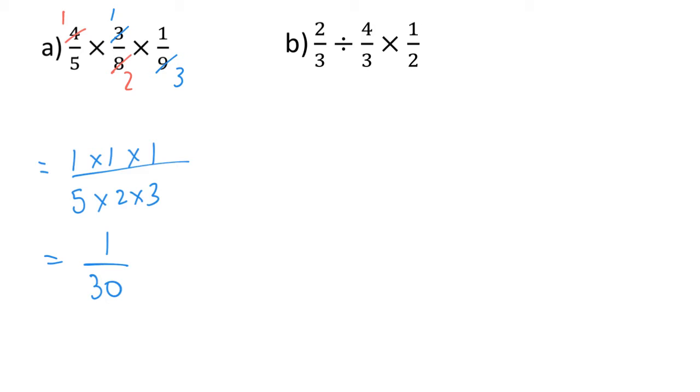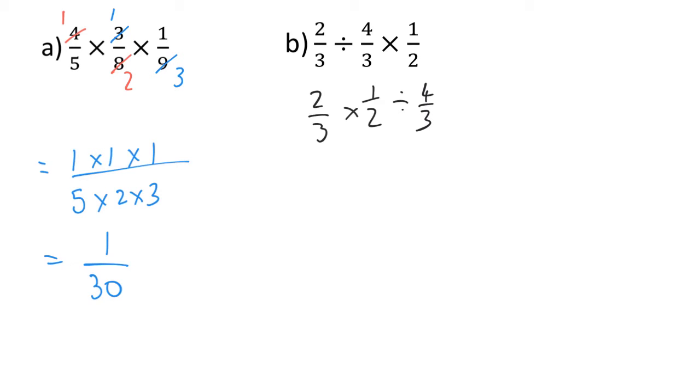Similar to algebra, terms can be moved across and the order can be switched about. So you could write this as 2/3 multiplied by a half divided by 4/3. And because the sign is staying with the term, that's okay.